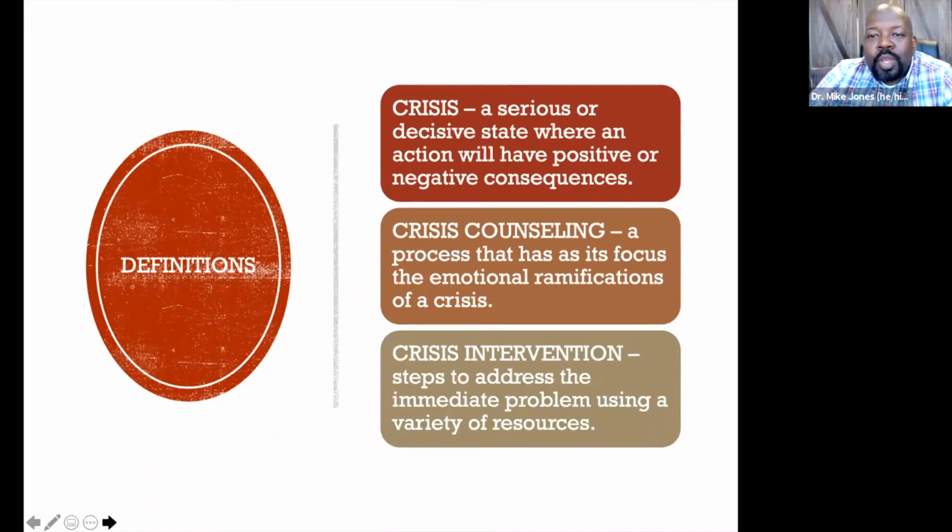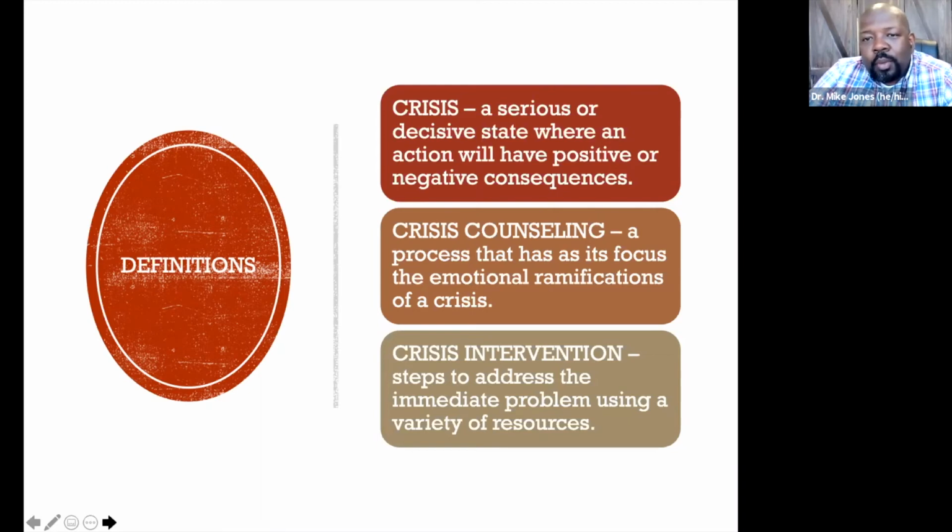Many times when we think of a crisis, we think about a serious situation where we have to take action because something has happened, and because of that, we're going to have either some positive or negative consequence attached to that.